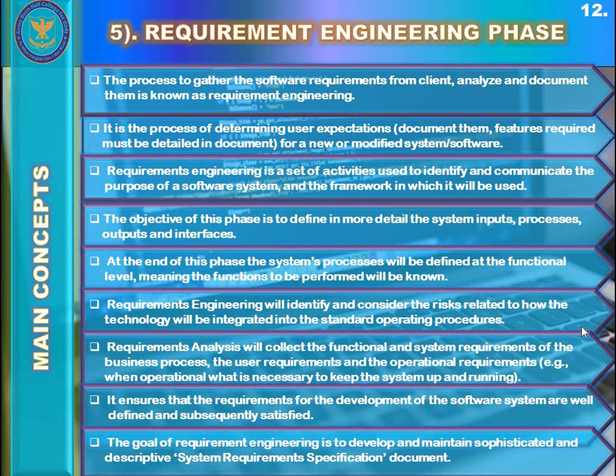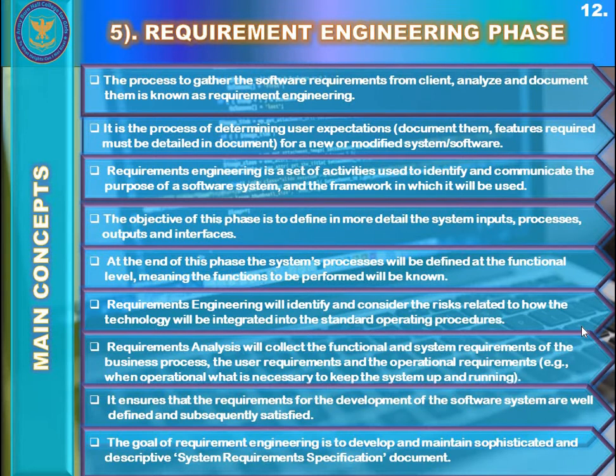Requirements engineering is a set of activities used to identify and communicate the purpose of a software system and the framework in which it will be used. The objective of this phase is to define in more detail the system inputs, processes, outputs and interfaces. At the end of this phase, the system's processes will be defined at the functional level, meaning the functions to be performed will be known.